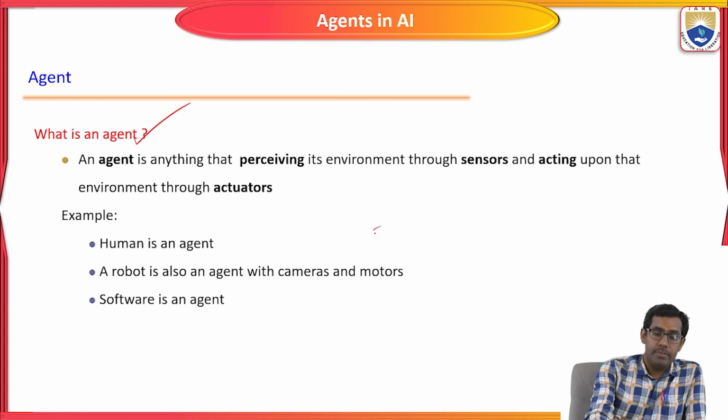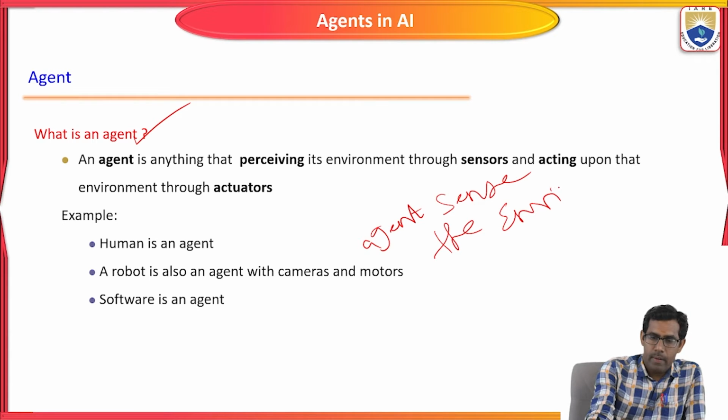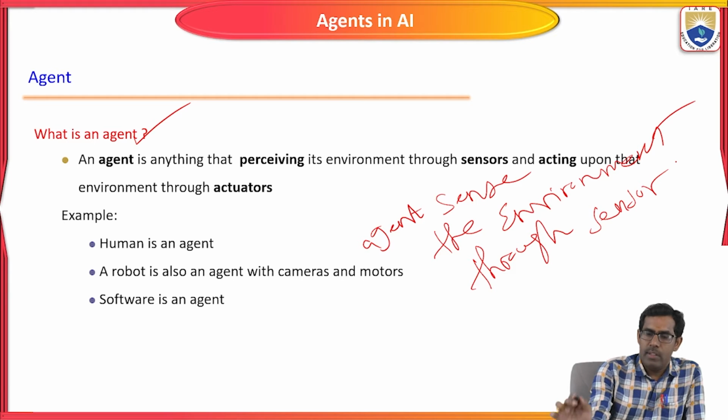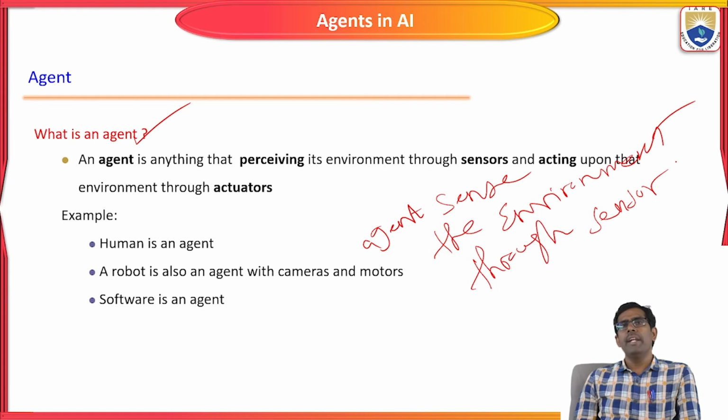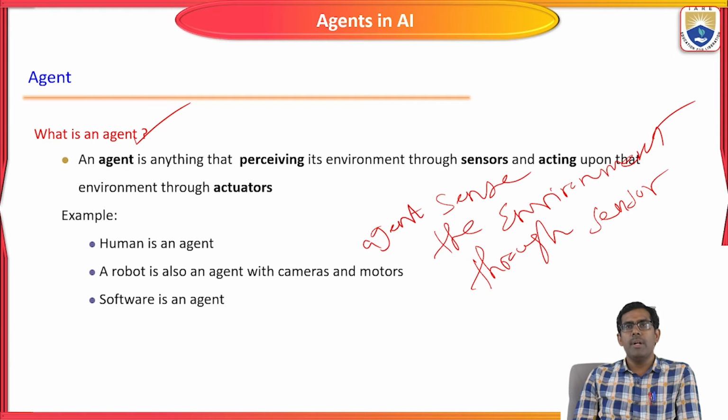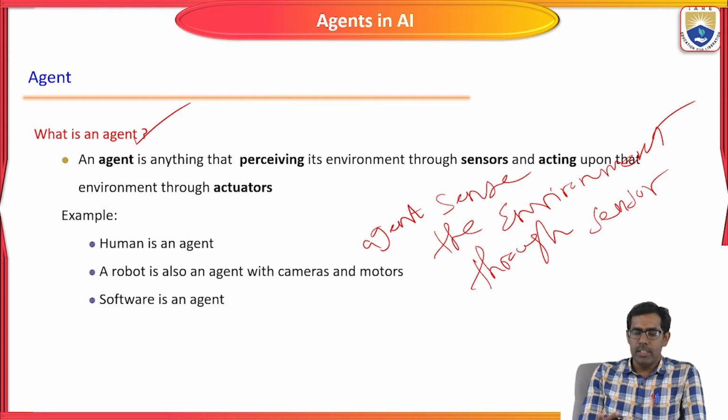Here the agent senses the environment through sensors. Right? So what will the agent do? He will sense the environment through the sensor. He has some sensor through which he observes anything from the environment, right?